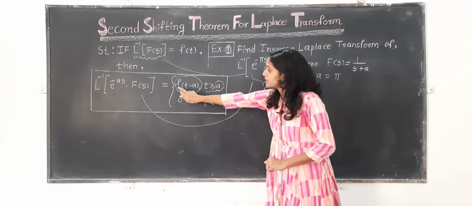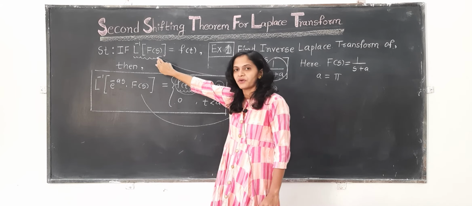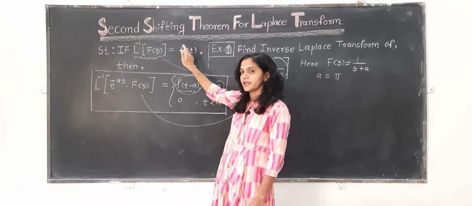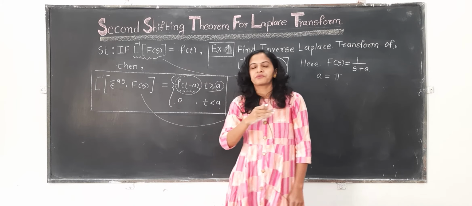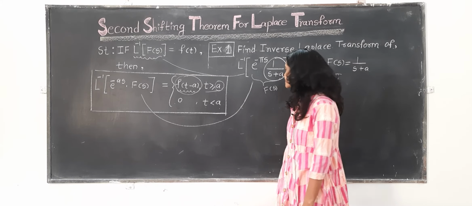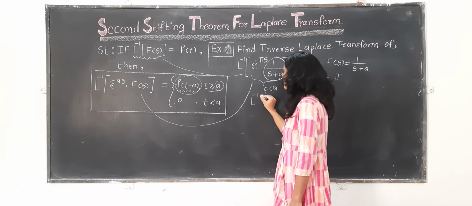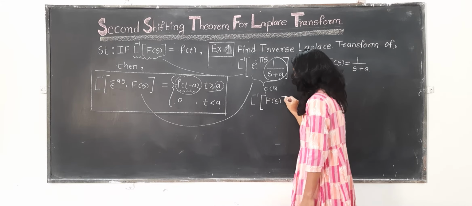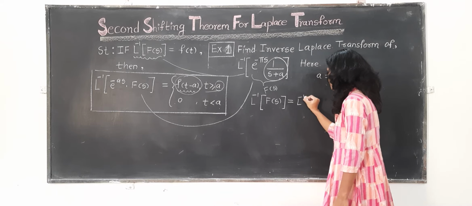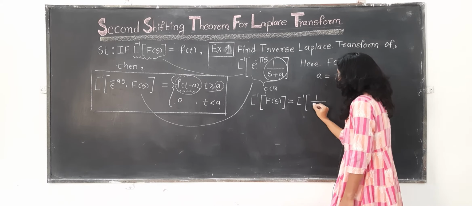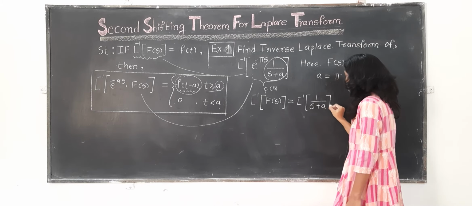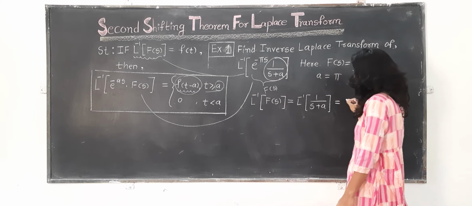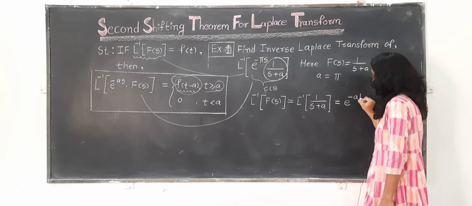We can easily calculate it using F of s. Taking the inverse transform of F of s, you will get f of t, and using f of t, we can easily write f of t minus a. So students, first of all we will find f of t. L inverse of F of s, L inverse of 1 upon s plus a, is nothing but e raised to minus at.